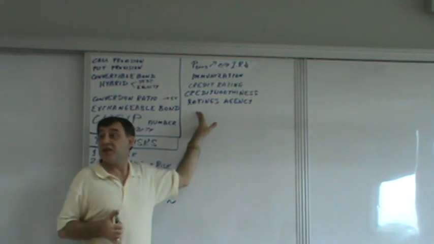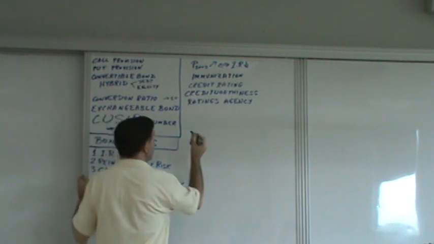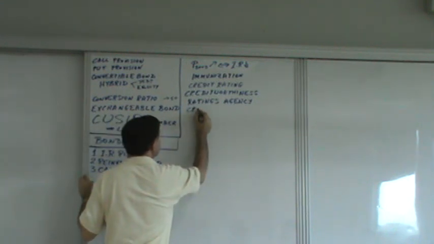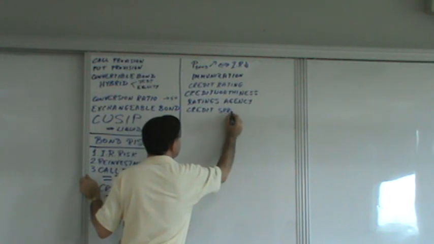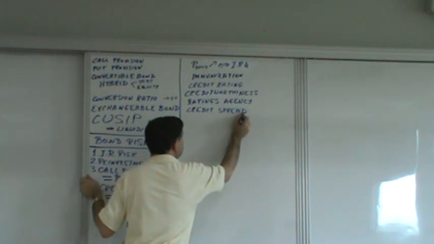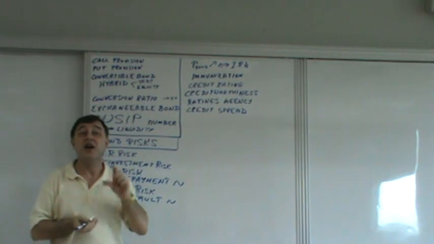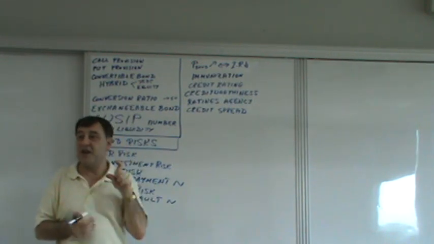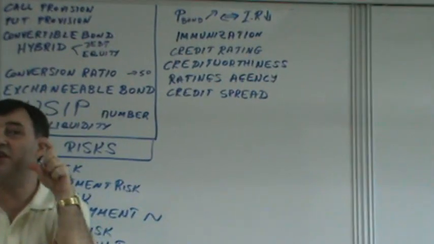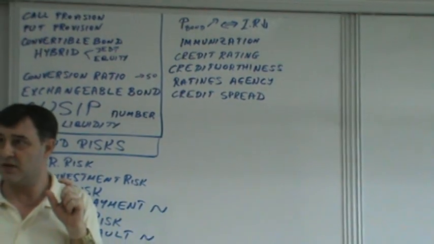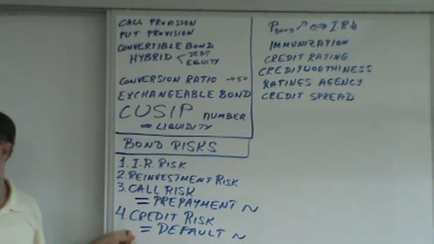The next key idea here of credit risk is called credit spread. And credit spread is the premium, meaning the increase in yield or the increase in return, to compensate for credit risk.